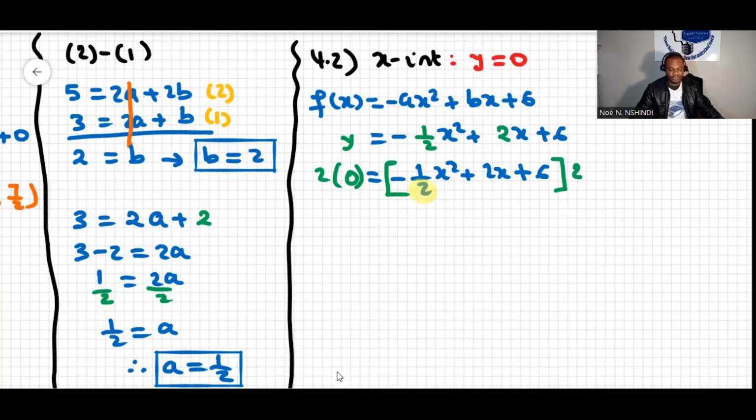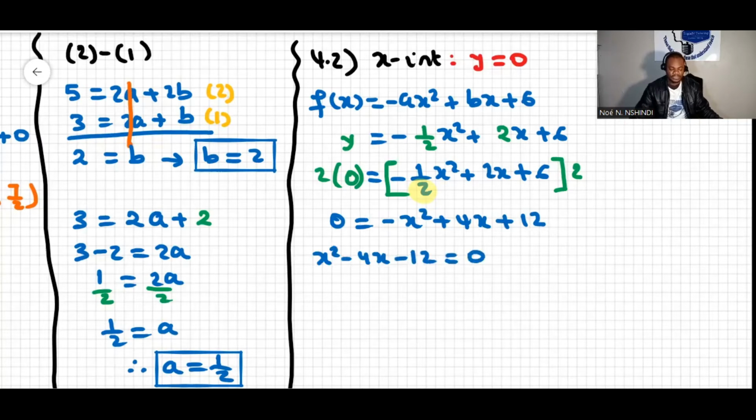So I multiply everything by 2. 2 times 0 is 0, equal to 2 times -1/2, which makes -x squared, then 2 times 2x makes 4x, and 2 times 6 makes 12. Now, if I move them to the left hand side of the equation, that makes x squared minus 4x minus 12 equal to 0.